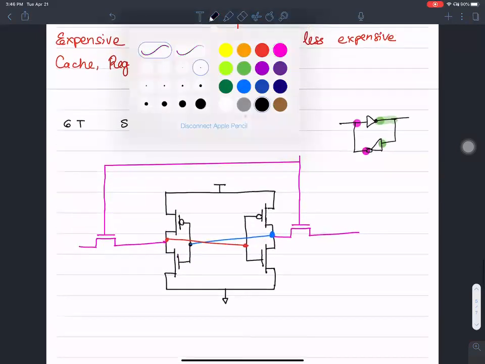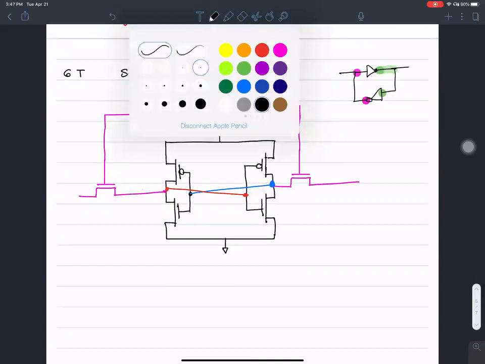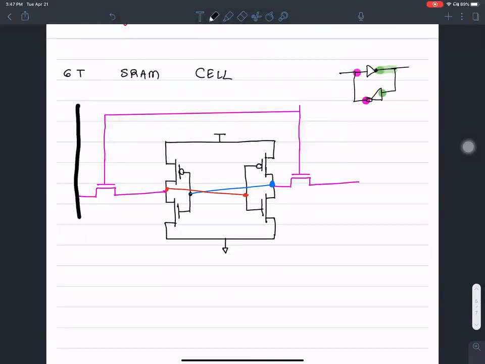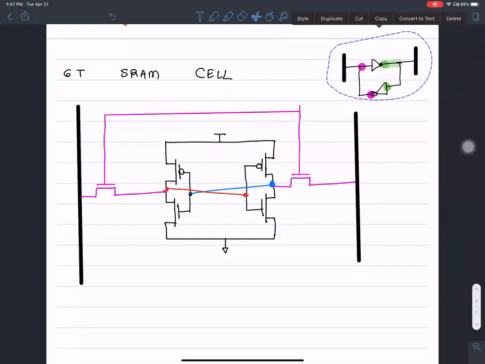What is of importance to me is this bit, which I'll mark with a very thick line, and bit bar. That represents access to this node and this node. What I have not shown here is the access transistors.